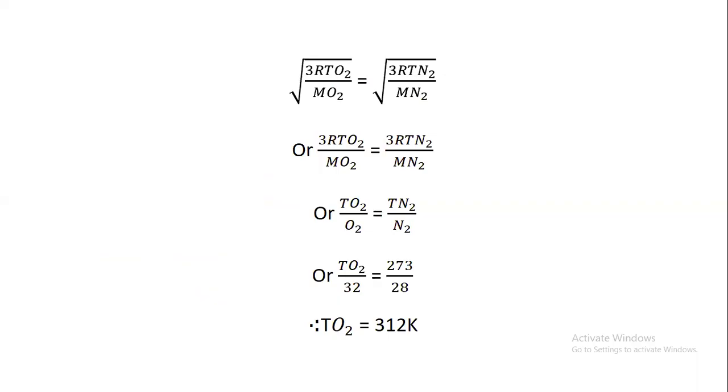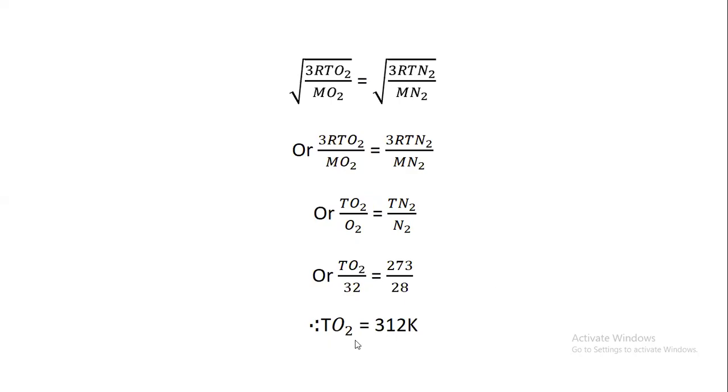So we can write root under 3RT_O2 over M_O2 equals root under 3RT_N2 over M_N2. So we can remove the square root on both sides, and 3R cancels. So T_O2 over M_O2 equals T_N2 over M_N2.